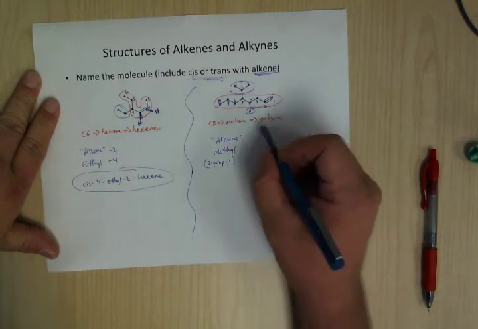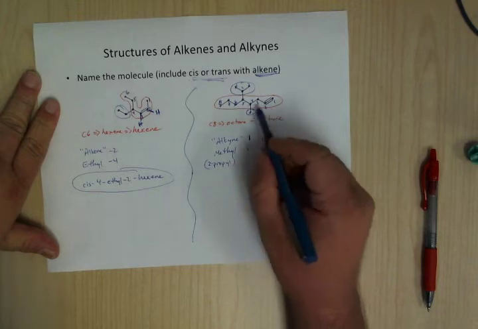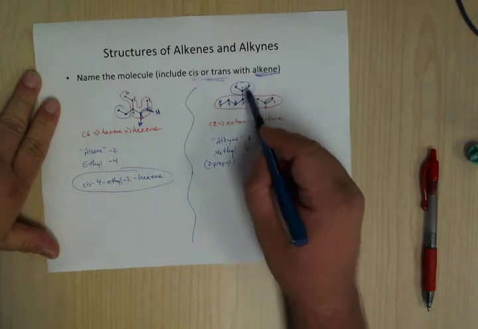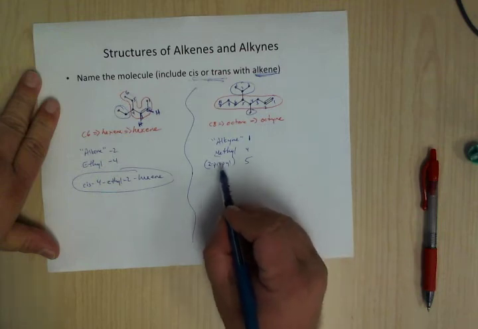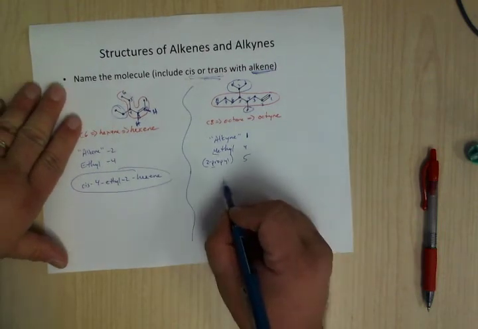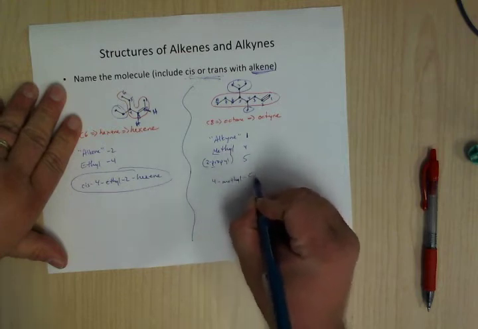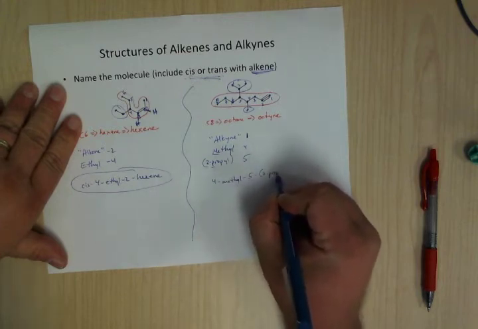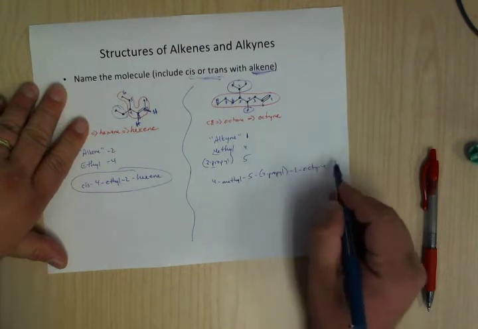So the alkyne starts at carbon 1. The methyl is at 4. The 2-propyl group is connected to carbon 5. Methyl comes before propyl, so it becomes 4-methyl-5-(2-propyl)-1-octyne. There we go.